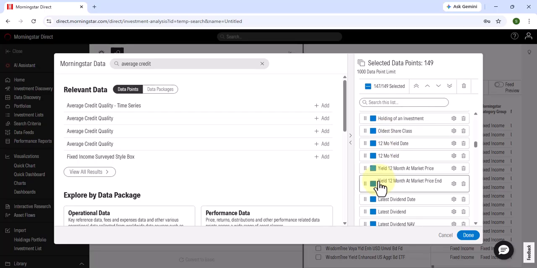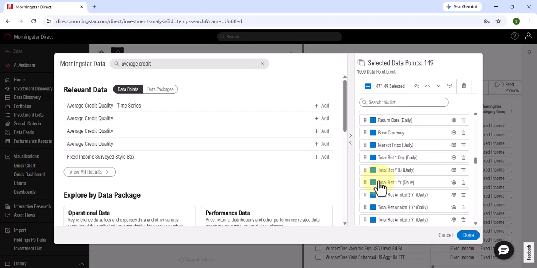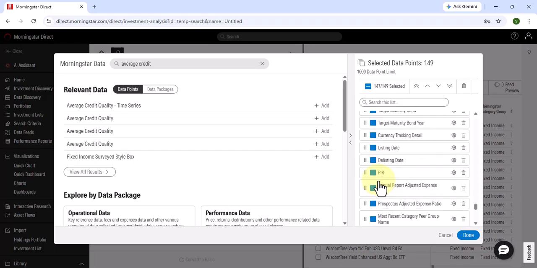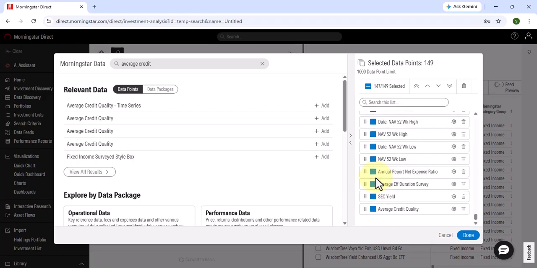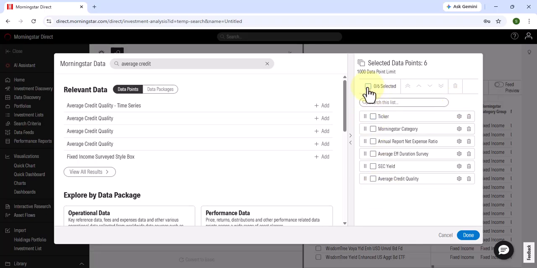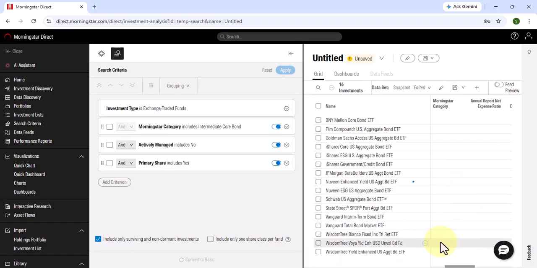But for now, I'm only interested in the variables I'm screening for. So those are the annual net report net expense ratio, the average effective duration survey, the SEC yield, and the average credit quality. Everything else I'm going to throw in the trash here. I'm going to delete selected. I'm going to select all of these, and then I'm going to press done.